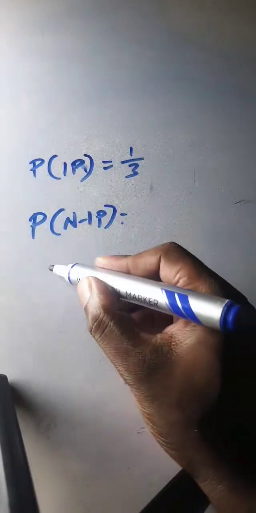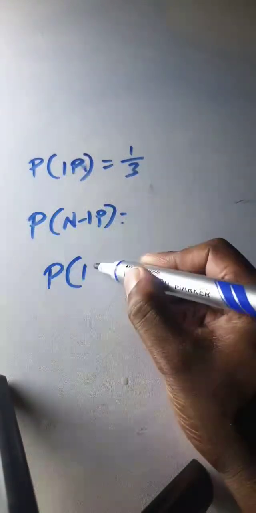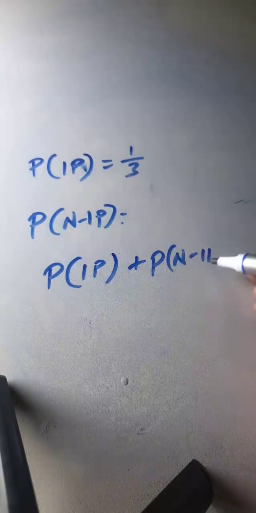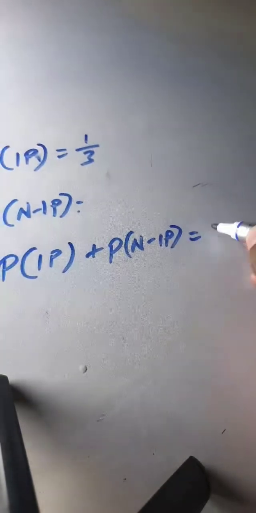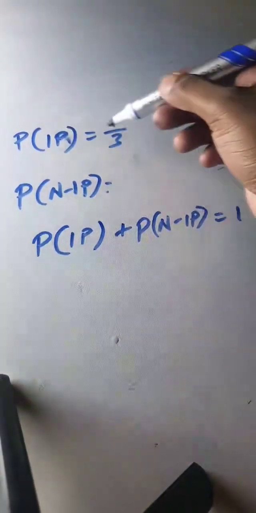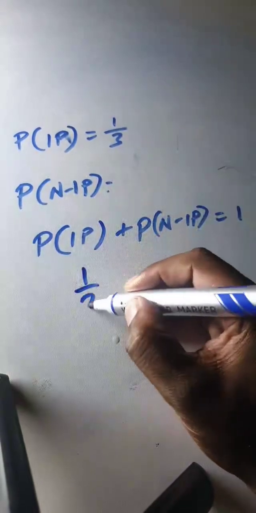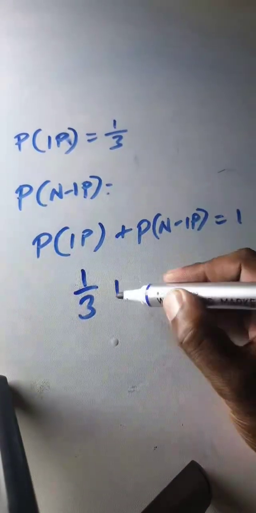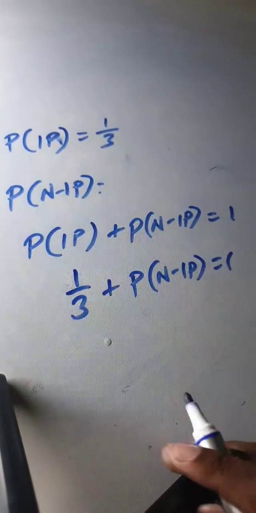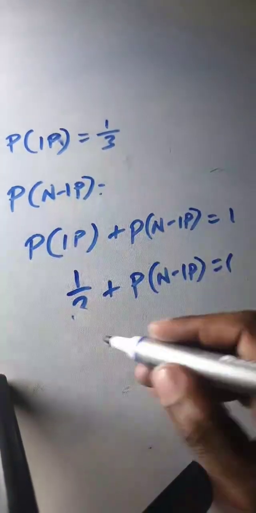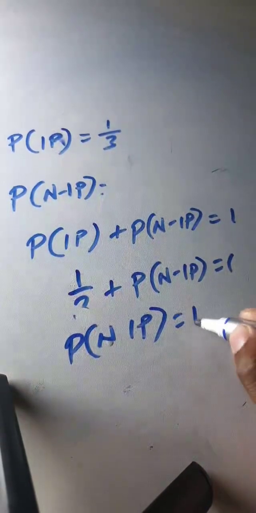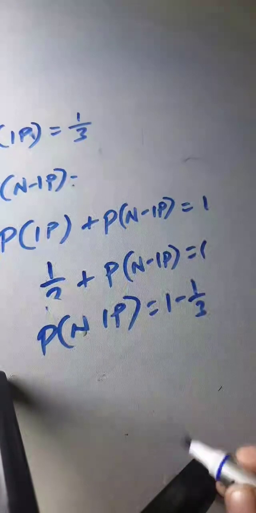So we say the probability that Kangwa has an iPhone plus the probability that Kangwa doesn't have an iPhone is equal to 1. Since we know the probability of Kangwa having is 1 over 3, we can easily find the probability of him not having an iPhone. So the probability of not having an iPhone is equal to 1 minus 1 over 3.